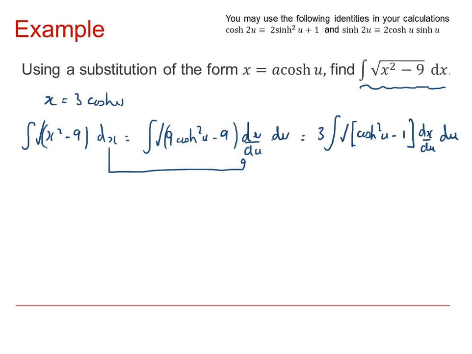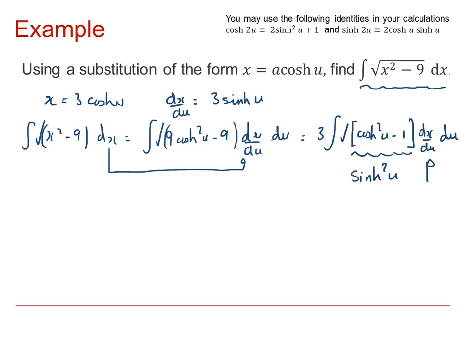Well, inside the square root, cos squared u minus 1 is equal to sine squared u. And we can get dx by du by differentiating. If x is equal to 3 cos u, then dx by du is equal to minus 3 sine u.